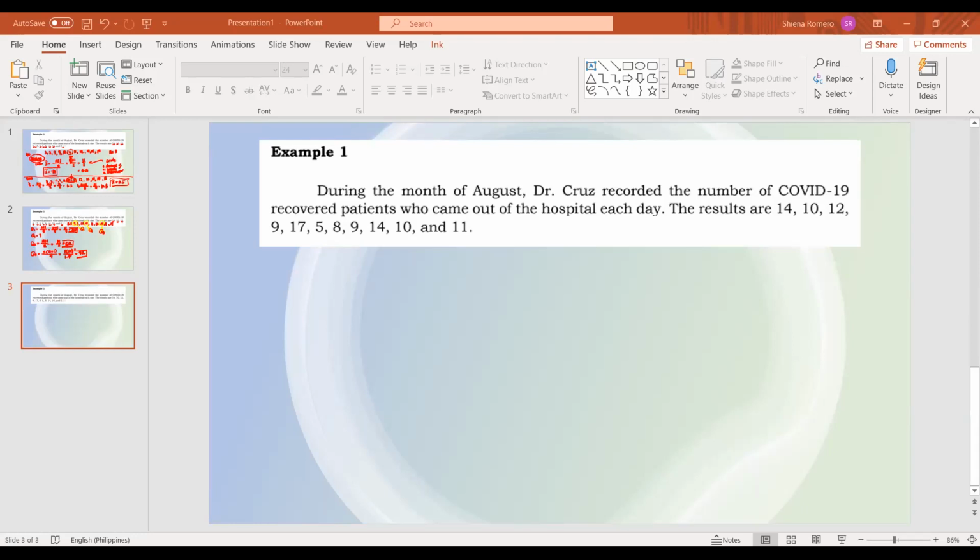Hanap ako ng iba pang example. Dito sa module pa rin. Yan na, tumatawag na yung messenger. Wait lang ha, sagutin ko lang. Ano tayo dito na pwedeng gawing example?